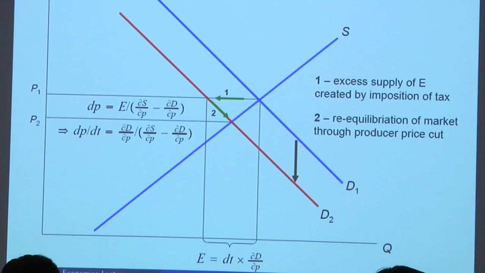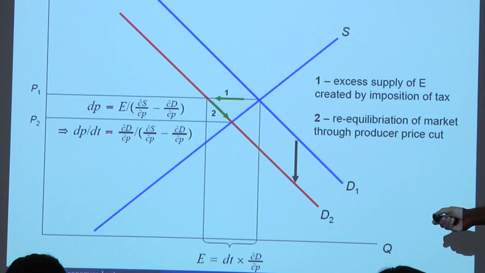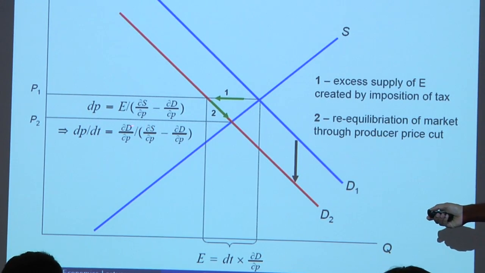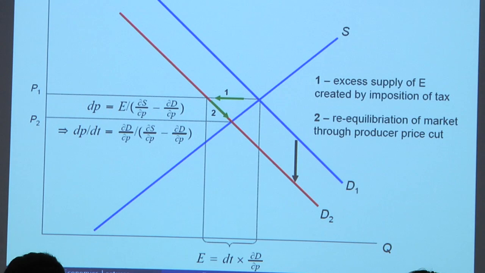And that's going to determine how much I need to cut the price before I get back to the point where the two intersect. And so that's why you end up getting this expression here, where the incidence of the tax is given by the slope of the demand curve, given by the sum of the slopes of the supply and demand curve. Okay, so it's quite intuitive that that's what that expression looks like. Questions?